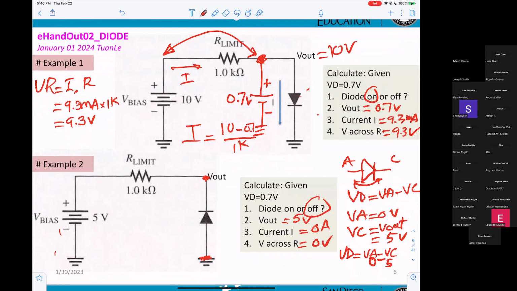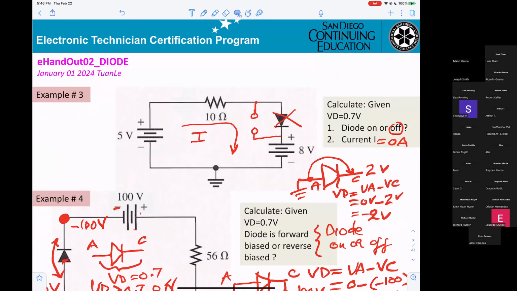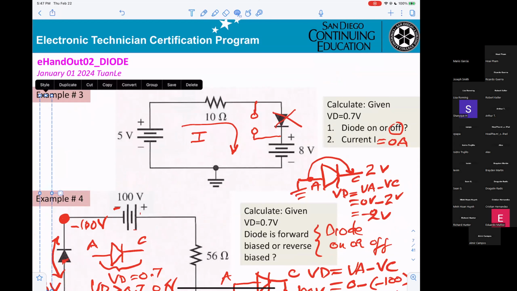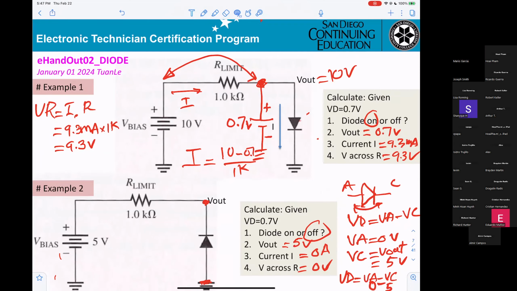Okay, that means you get negative 5. So that's why the diode will be off. Can you go back to the previous screen for a minute? Okay, thank you. You're welcome.